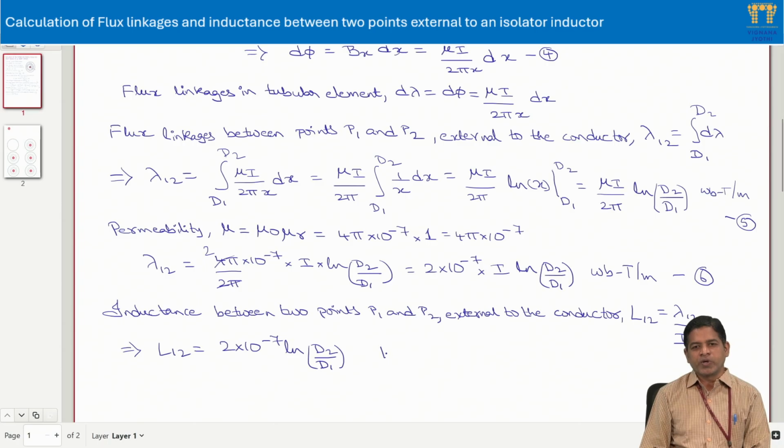Since this is inductance, we have units as Henry, and since we are considering a unit length conductor, it will be Henry per meter. Let this be equation 7.